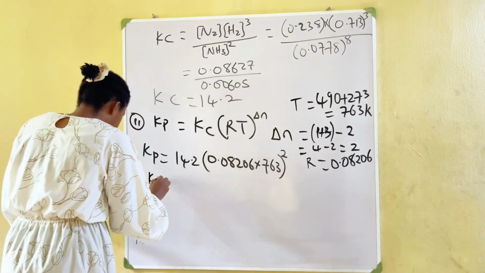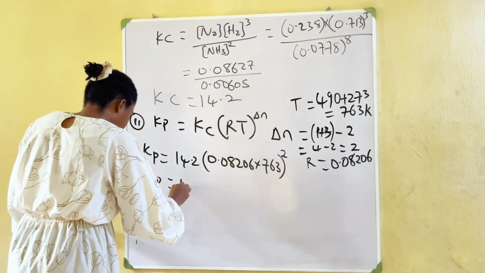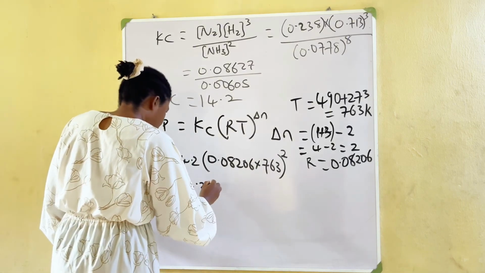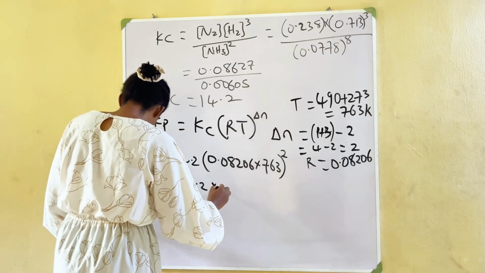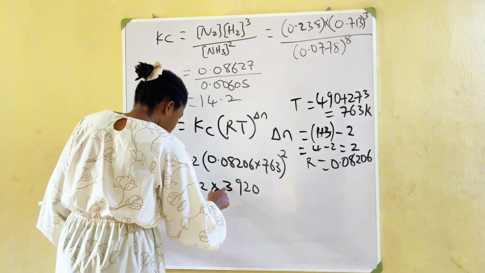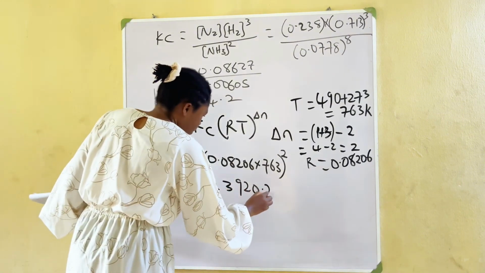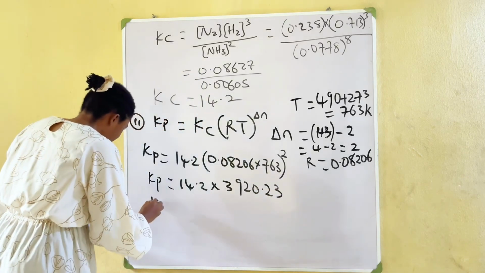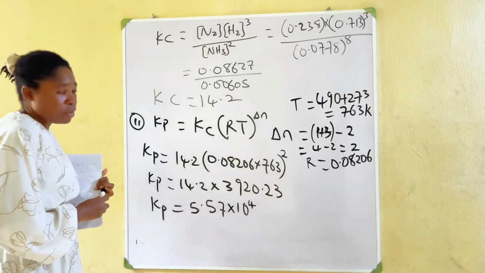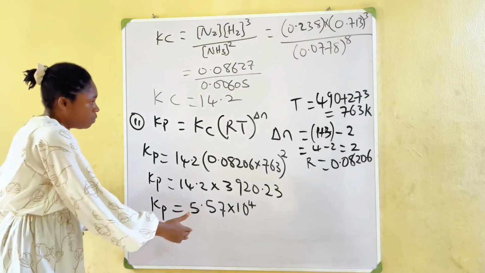So Kp is 14.2 times this. Apply this together, and it's going to give you 3920.23. So this is the value for Kp.